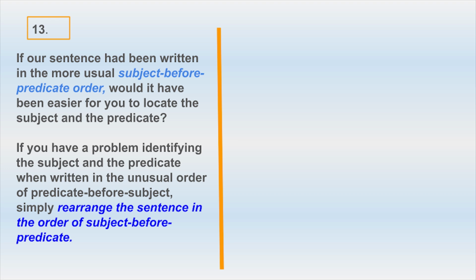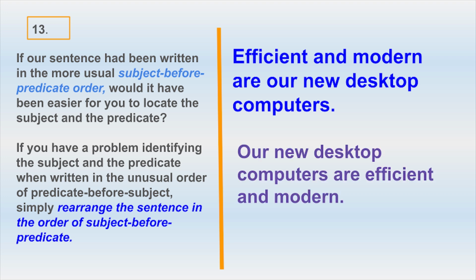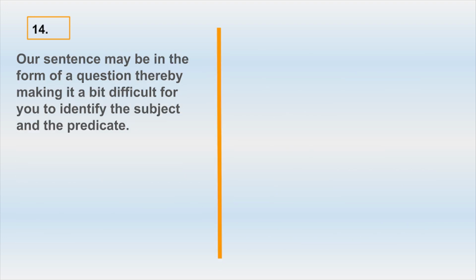For example, efficient and modern are our new desktop computers. We may rearrange this sentence to read, our new desktop computers are efficient and modern. That makes it easier for you to identify what? The computers, that's the subject, and do what? Are, that's the predicate. Number 14.